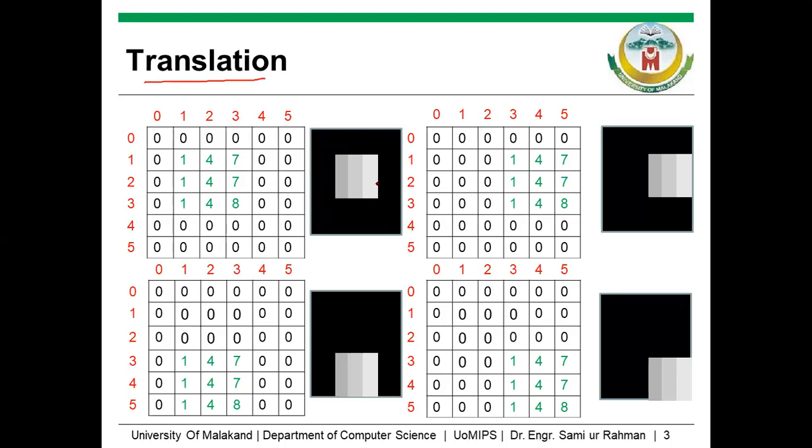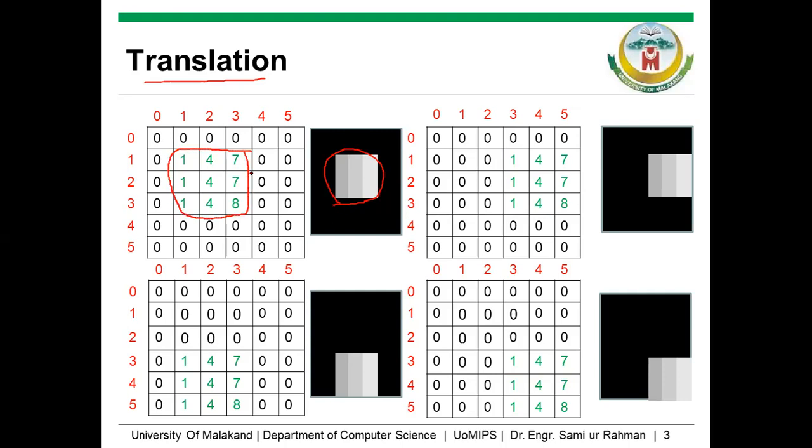Let's say we have this image, and in this image we have this object. This image is represented by different pixels. These black areas are represented by pixels with zero values, and this object is represented with these pixel values.